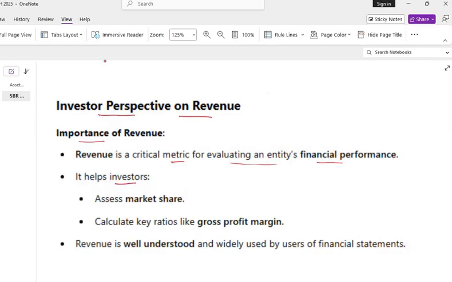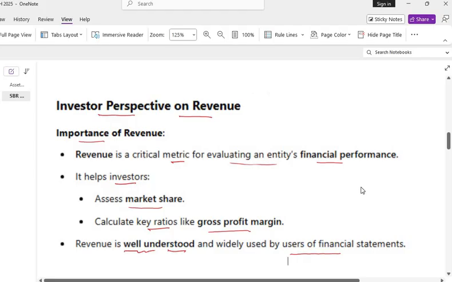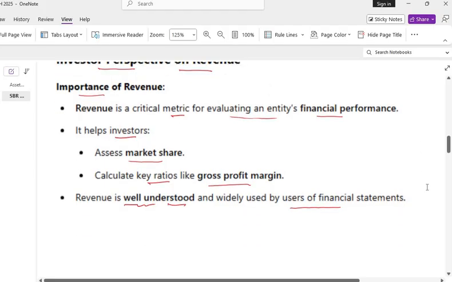It helps investors assess market share and calculate key ratios like gross profit margin, and revenue is well understood and widely used by users of financial statements. So this is the importance of revenue.